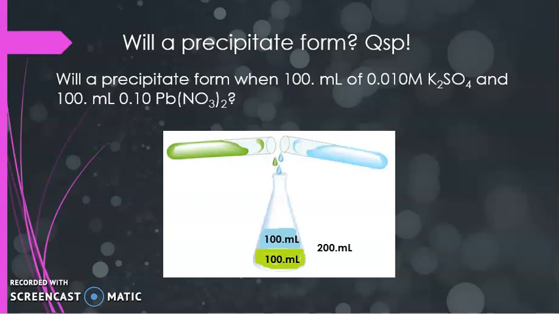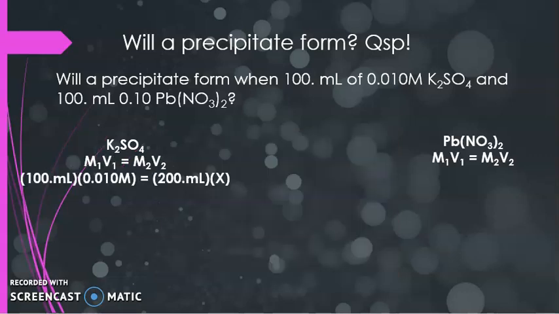So I'm going to adjust their initial molarity using the equation M1V1 equals M2V2 for both the potassium sulfate solution and the lead 2 nitrate solution. I'm just going to plug and chug the numbers I know. First, the potassium sulfate solution: it starts off at 100 milliliters of 0.01 molar, and it spreads out over 200 milliliters.